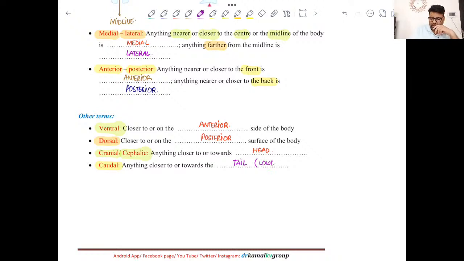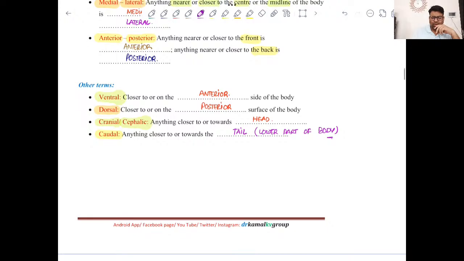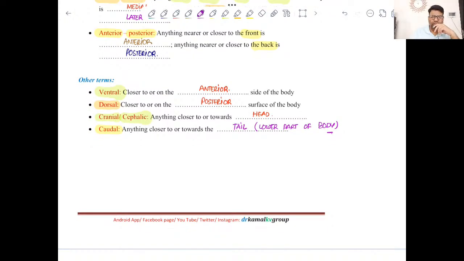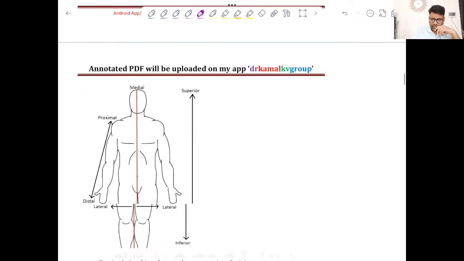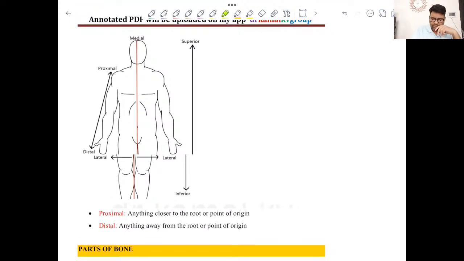So you can say lower part of body. Clear? So ventral can be used in exchange of anterior, dorsal can be used in exchange of posterior, cranial can be used, although it is not right to use it, in terms of superior, and caudal is, you can say, somewhat inferior. Okay. Now there are two terms, proximal and distal.